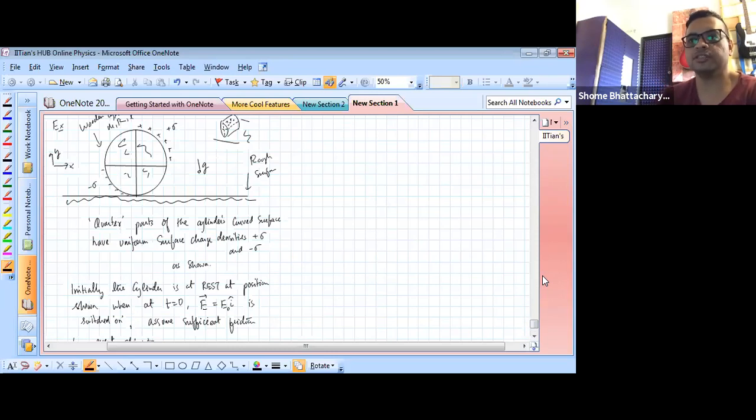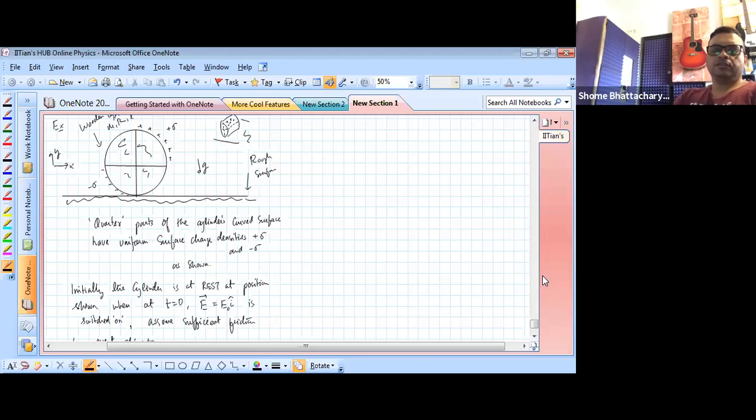Net force, of course, because of electric field will be 0 because we have equal and opposite charge. Yeah, effectively the center of charge will be as if it's inside its volume.